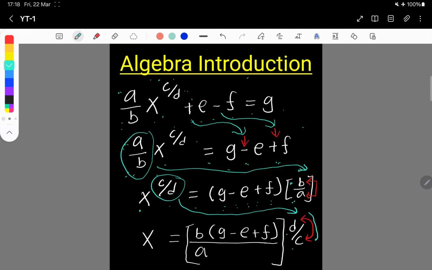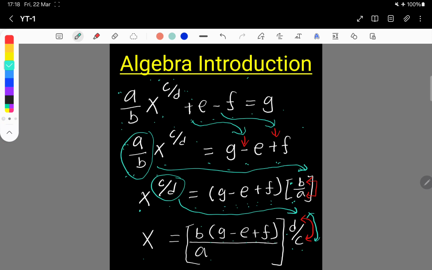See, it will be upside down, and other things remain unchanged. So finally what you get is x equal to b over a, bracket g minus e plus f, close bracket, and close the larger bracket, to the power of d over c.